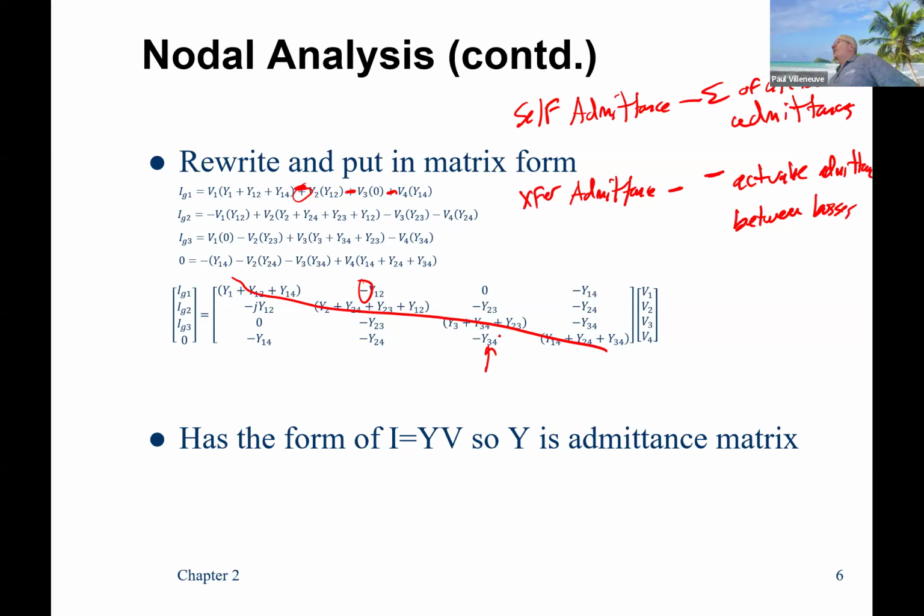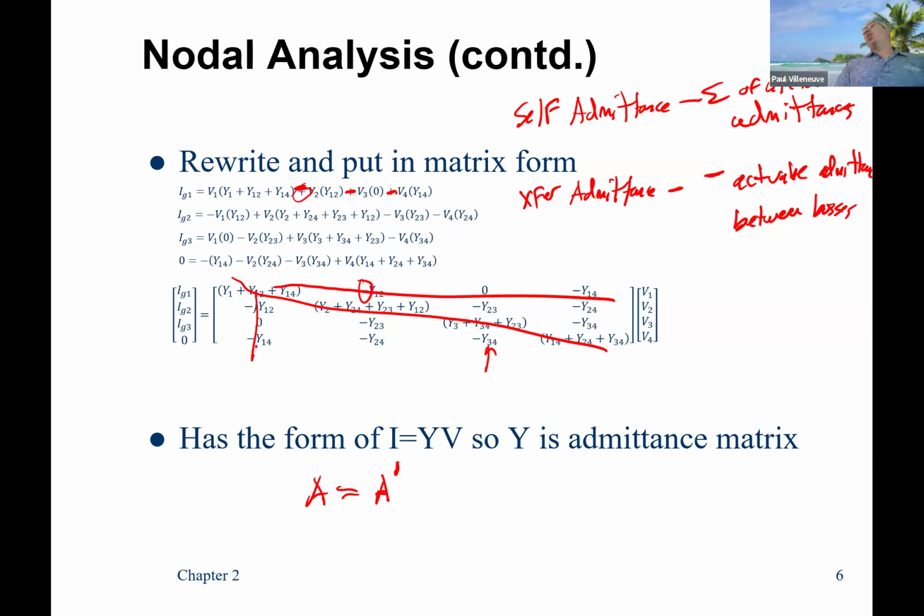And one thing, if you know anything about matrices, there's a concept of a symmetrical matrix. Everybody know what a symmetrical matrix is? If A is a symmetrical matrix, then the transpose of A equals A. So the off diagonals are the same, and actually the diagonals are the same too.